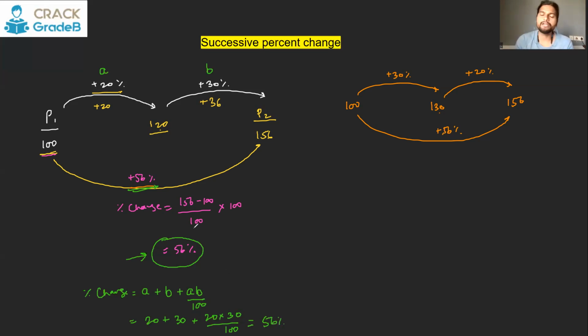You just have to take note of it. If it is a percent increase, then you put the sign plus. If it is decreasing, then you put the sign minus for A and B. We'll see some examples based on this, but this formula is to be used only if there are two changes.